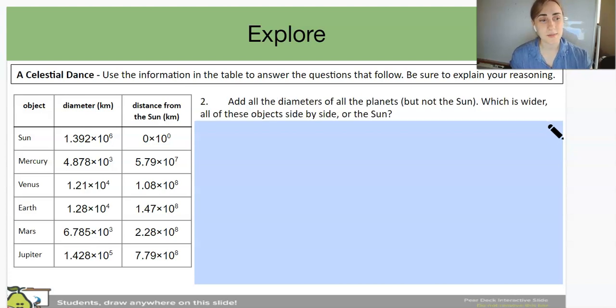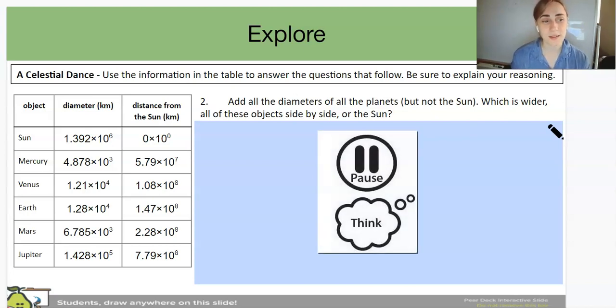slide C. On slide C, we have a continuation of the problem, a celestial dance. You're going to still use the information in the table to answer the questions that follow. Be sure to explain your reasoning. Add all the diameters of all the planets, but not the Sun. Which is wider? All of these objects side by side, or the Sun?